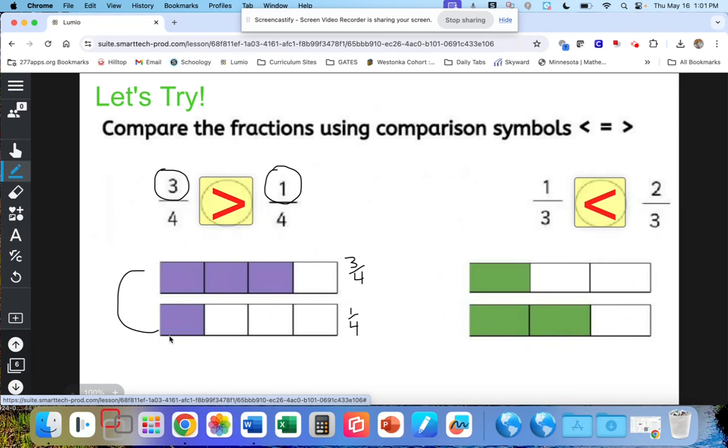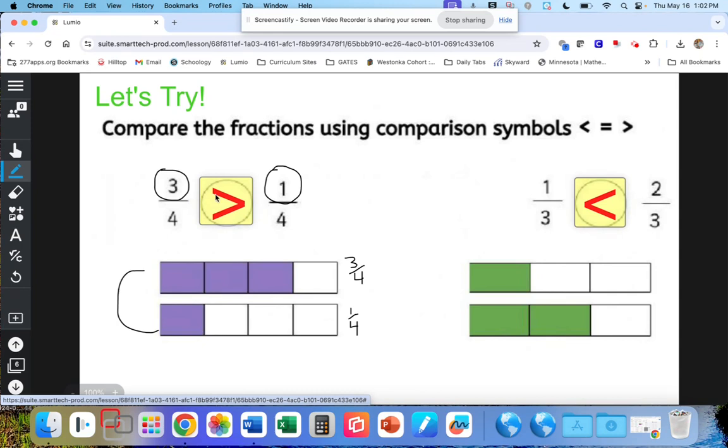So I don't want to make one smaller than the other because that would be really hard to see a difference in if we have more or less pieces. And then you shade in how many. So this person had 3 out of the 4 pieces, and this one had 1 out of the 4 pieces. So we are going to put in the greater than symbol.